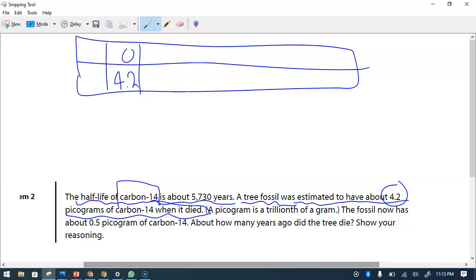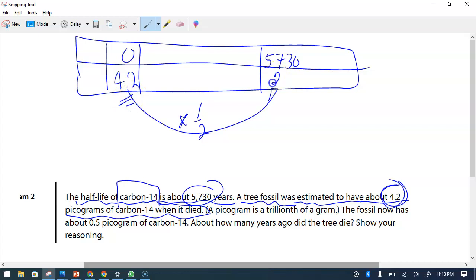And then after 5,730, the half-life, it's multiplied by half. So 4.2 will change to half of it, that is, half of 4.2 will be 2.1.